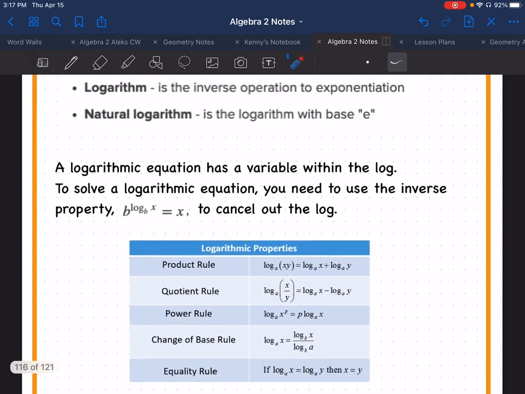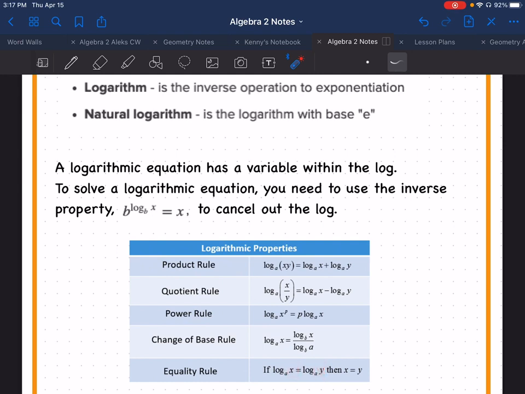Now, there are some logarithmic properties to keep in mind. The product rule, the quotient rule, we've done the power rule, we've seen the change of base rule, and there is the equality rule that says if you do have two logs with the same base, then their two arguments need to be equal as well.